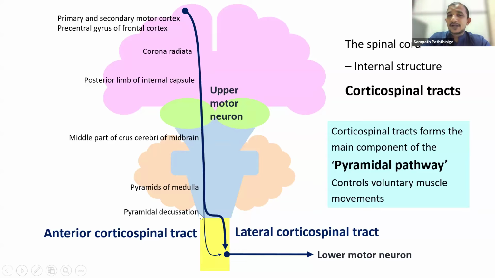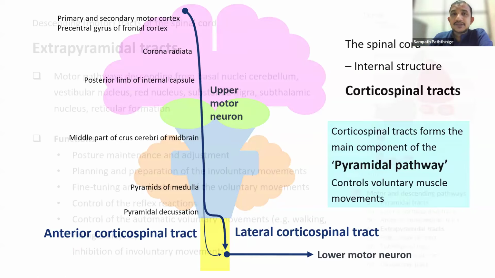At the lowest part of the medulla, about 90% of the neurons cross to the opposite side, forming the lateral corticospinal tract. So they innervate the lower motor neuron. The uncrossed fibers descend as the anterior corticospinal tract, but at the site where they leave, it crosses to the opposite side and innervates the lower motor neuron. So this is the pyramidal pathway, right?